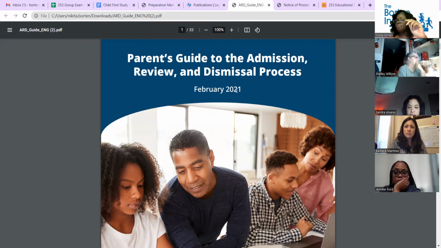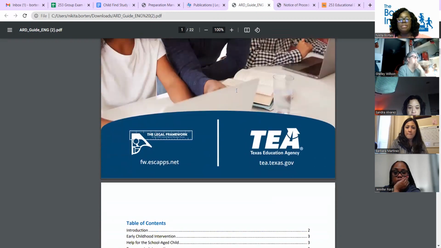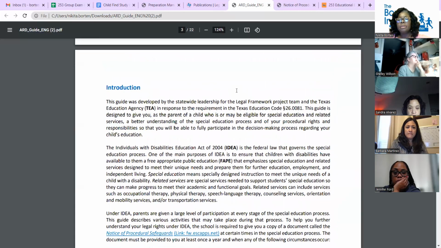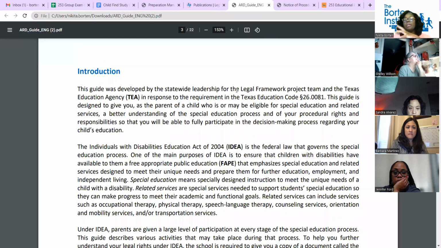Okay. So again, not to insult your intelligence, but I'm just going to read through and talk through page 1 of this booklet so that we get a clear understanding of what this booklet is and its purpose. And remember, what we see condensed in this booklet is a layman's terms, normal language, easy to understand version for the parent of the process of child find and ART.